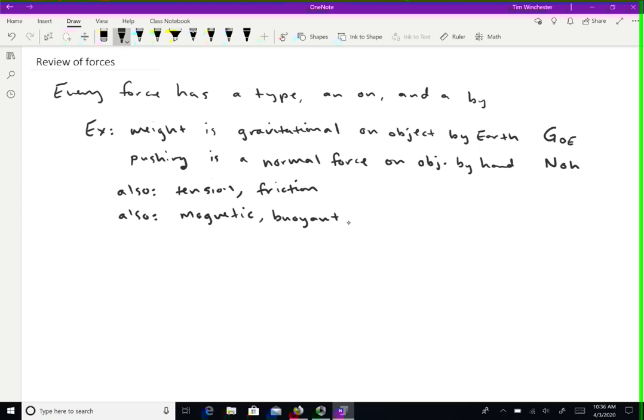Another one you might see is lift for an airplane, for instance. And there are a bunch of others. Those were all different ones that you might have seen in one or two problems in 121. So in 122, we're going to be focusing on electric forces, magnetic forces, and we're going to start out with one chapter on gravity.